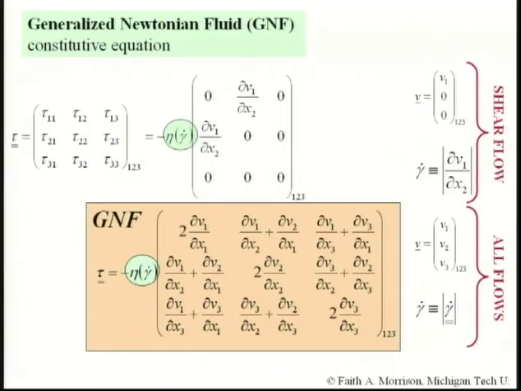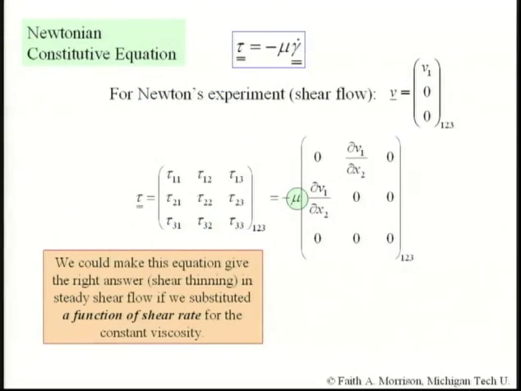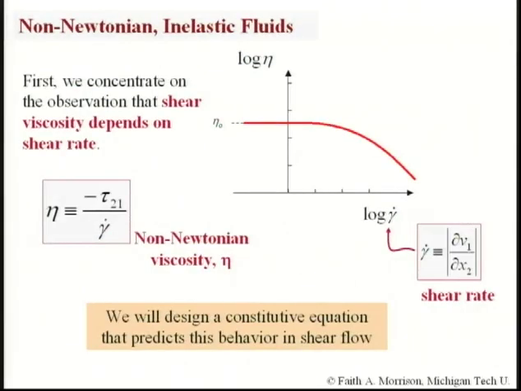Now, if we don't have a Newtonian fluid, we can generate the same sort of thing in shear flow. What we noticed previously was that the viscosity out front, this parameter out front of the model, which we then turned into the viscosity, is the parameter that gives the steady viscosity value in a Newtonian fluid.